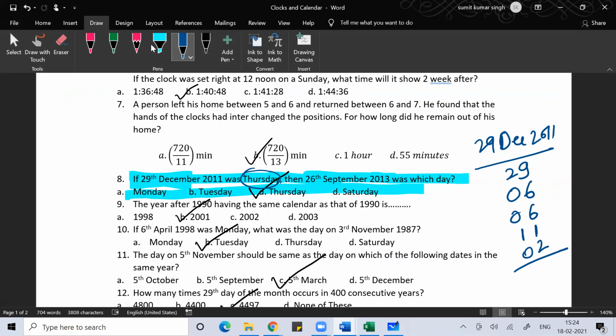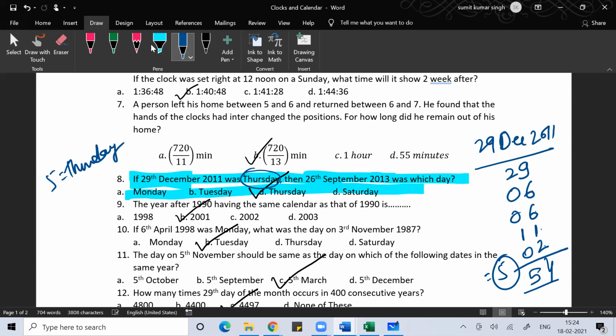If you do the sum of this: 12, 12, 14, 15, 15 plus 9 is 24, 2 carry, 4, 5, 54. 54 means 5 now. 54, 7, 9, 7s are 49. So 54 minus 49, you will get 5. 5 means what?